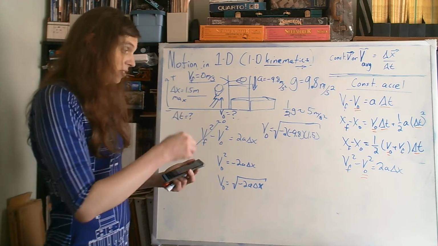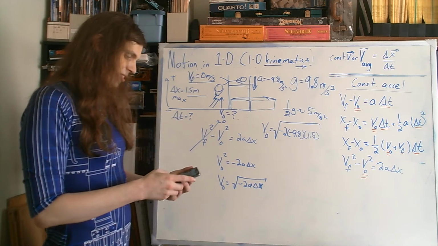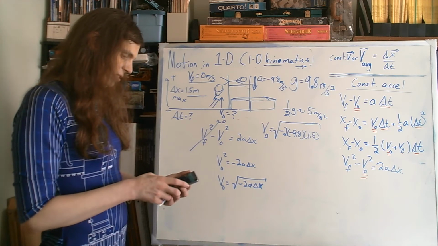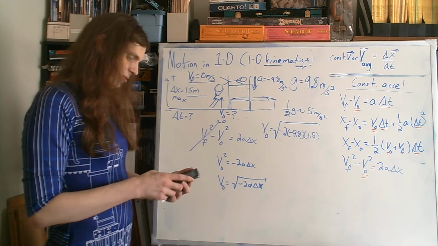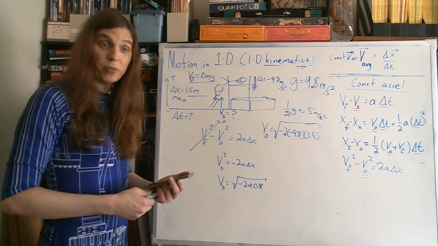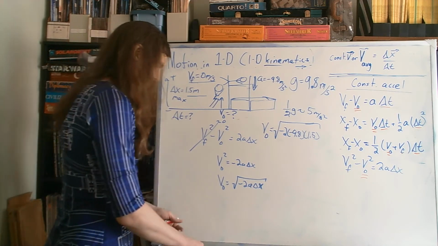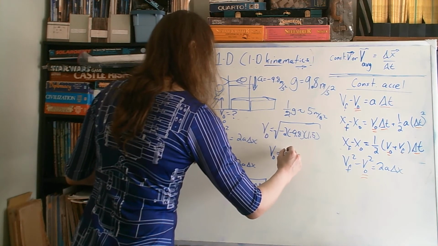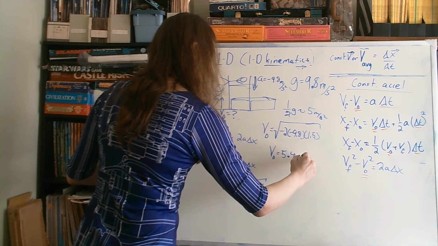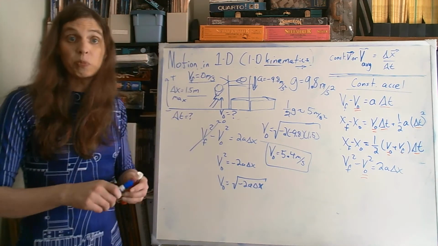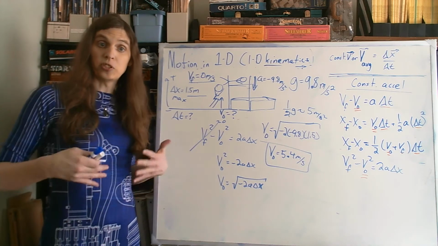The negatives cancel, so that's 19.6 times 1.5, oops, 29.4. Take the square root: 5.4 meters per second. And that's the speed of the jumper's center of mass.